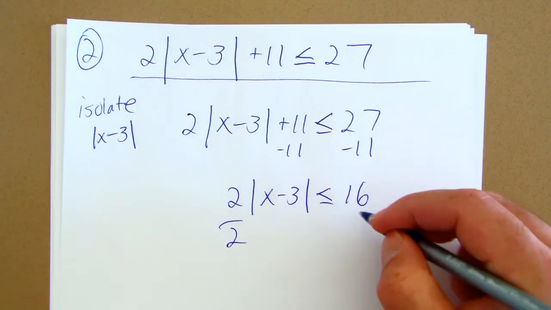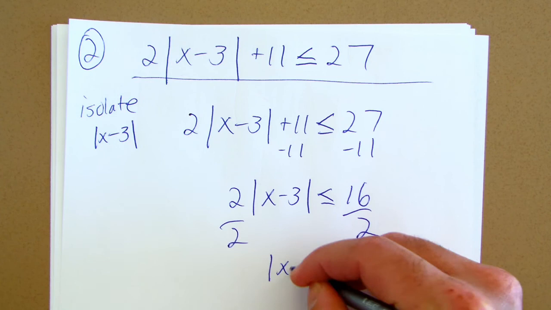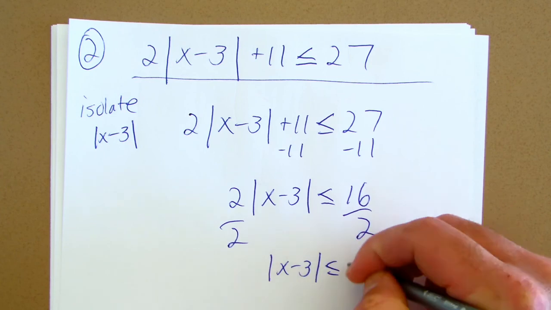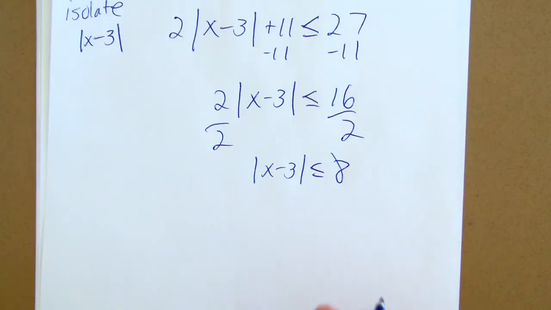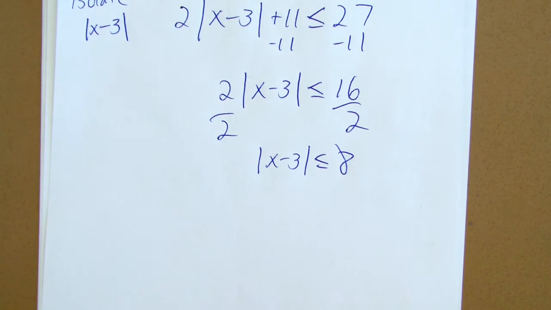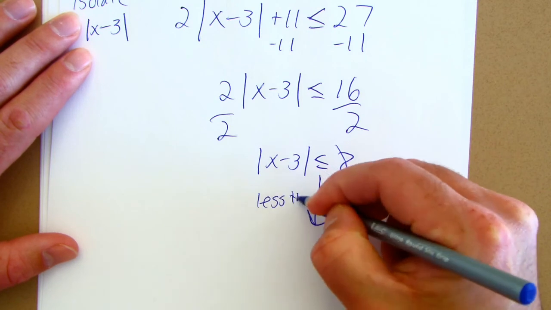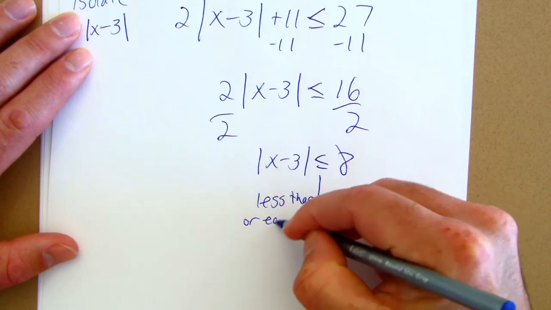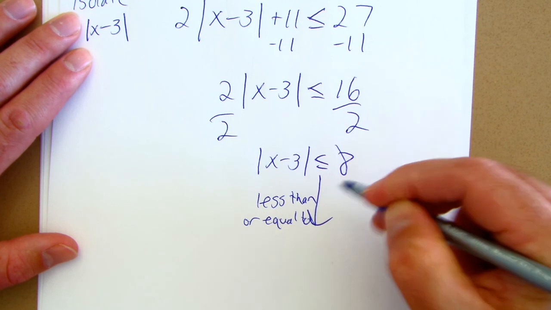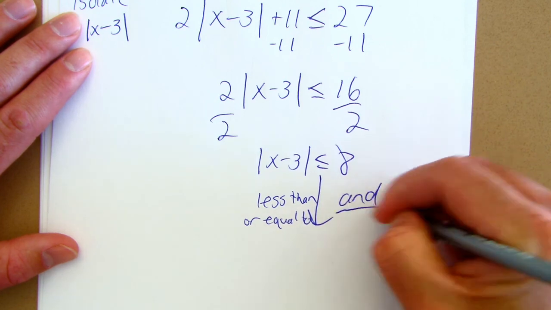Divide both sides by 2. Now we're ready to decide what type of inequality this is going to be. So it's a less than or equal to. So this is going to be an and inequality.